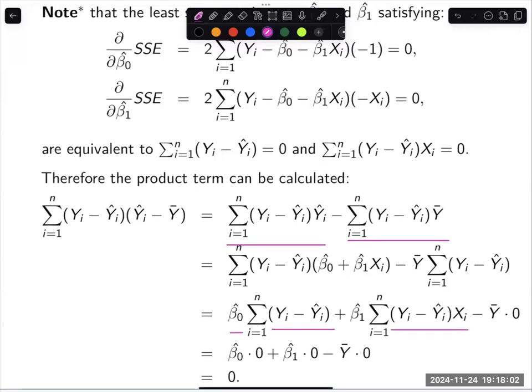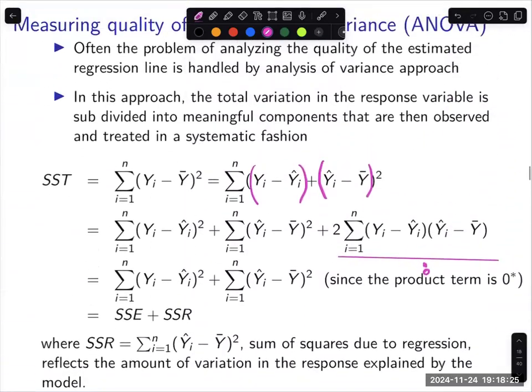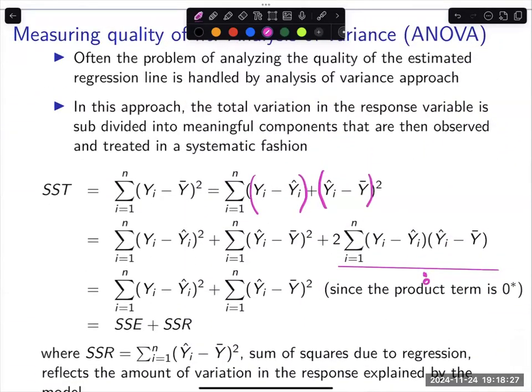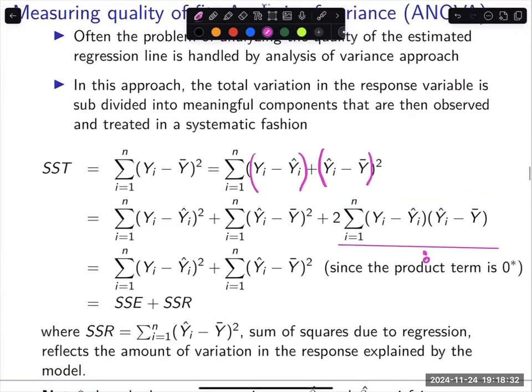We already showed that since beta 0 hat and beta 1 hat are our least squares estimators, these two terms, the sum of yi minus yi hat and the sum of yi minus yi hat times xi, are 0. That justifies why the cross product term equals 0, and why SST can be decomposed into SSE and SSR.